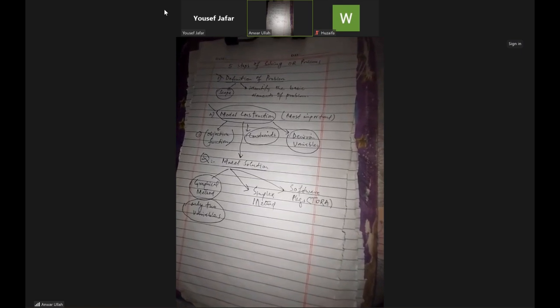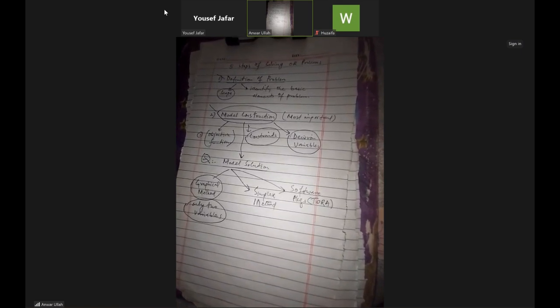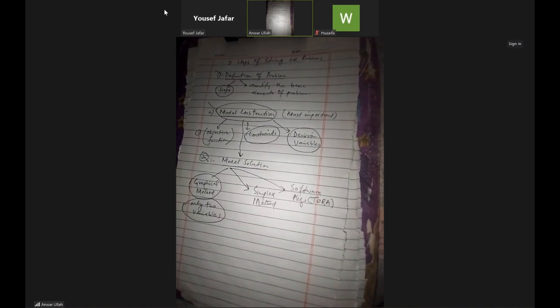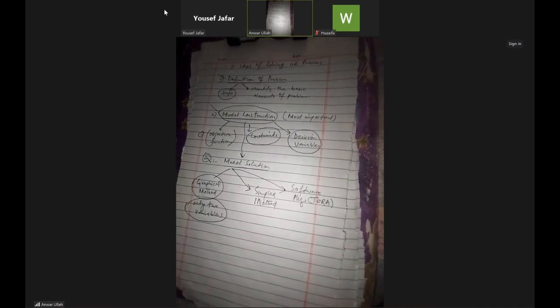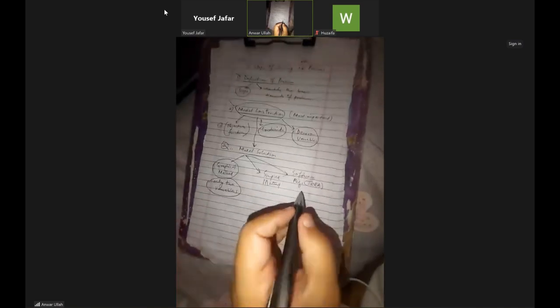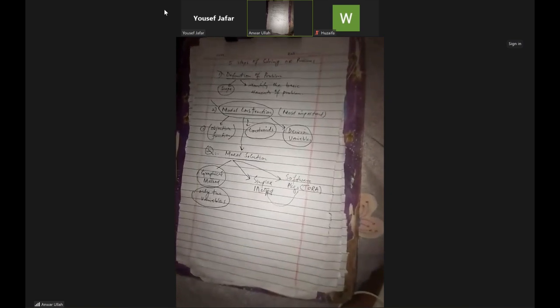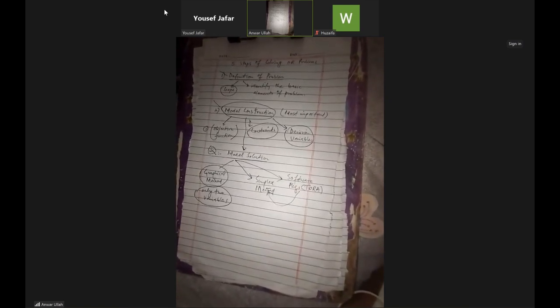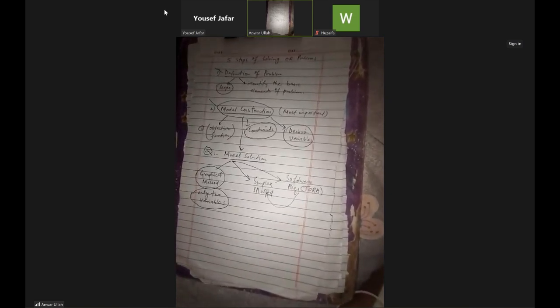And if the decision variables are 3 or more than 3, then we use the simplex method. And the third one is using some software packages. And these software packages also utilize the same simplex, but it is automated. You just don't have to do it by hand.